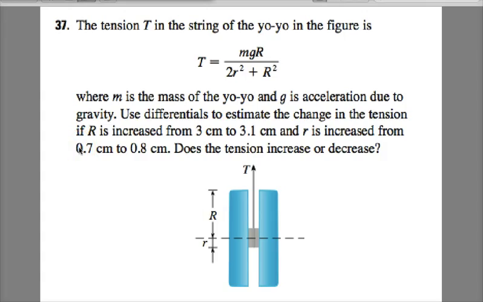Remember our P, x sub 0, y sub 0, z sub 0, that's where we want to be calculating our partial derivatives, at 0.7 and 3. But the changes are kind of single variable differentials. You can think about our dy and our dx. We equate those to the change in x and the change in y, or the change in big R and the change in little r. So that'll be a 0.1 and a 0.1. So let's go over to the white screen and start solving this.